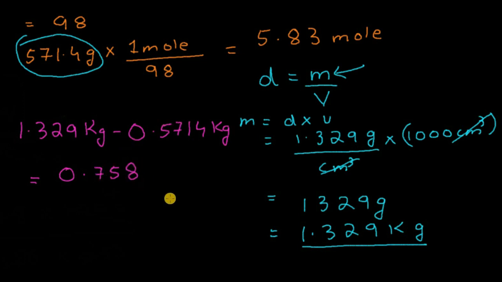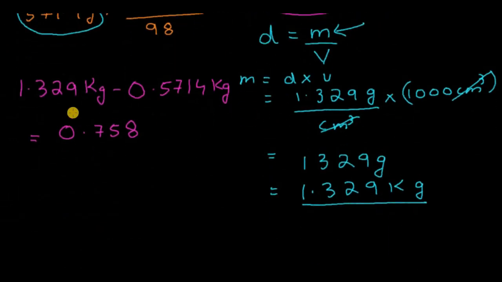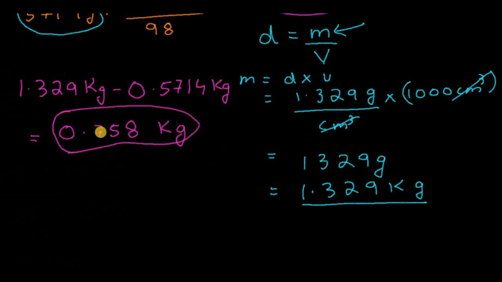So now we have all the data required. We have the number of moles of the solute, and we have the mass of the solvent. This is in kilograms. So when we divide these two values, what we get is the final molality of the solution.